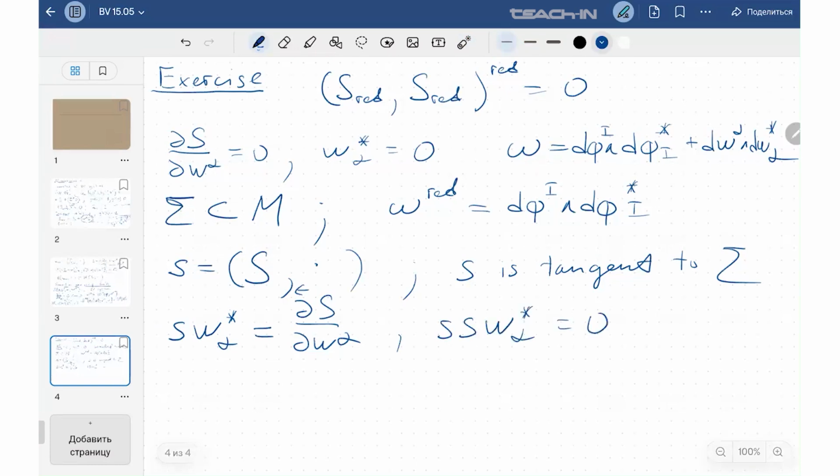So S is tangent. Then we know that the master equation can be written as the symplectic structure omega evaluated on S, S. It's another way to write it, up to a coefficient, just putting the index down and up.